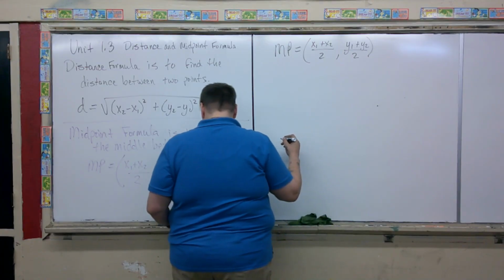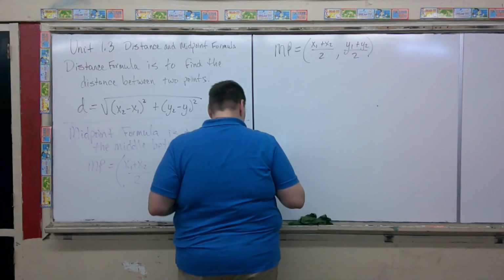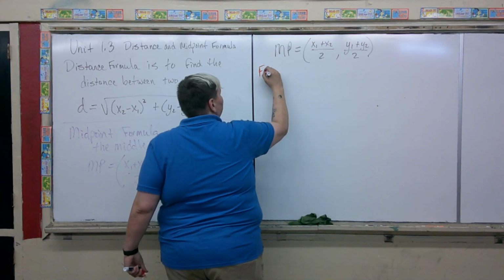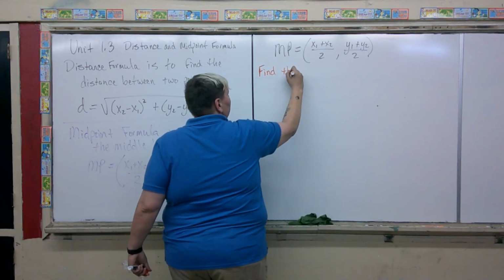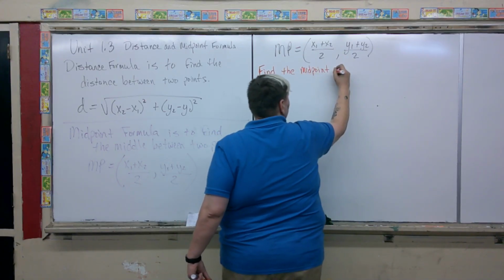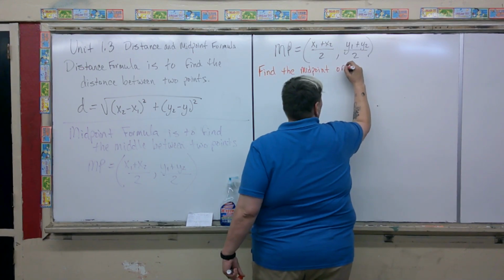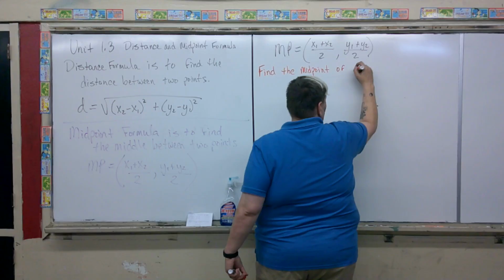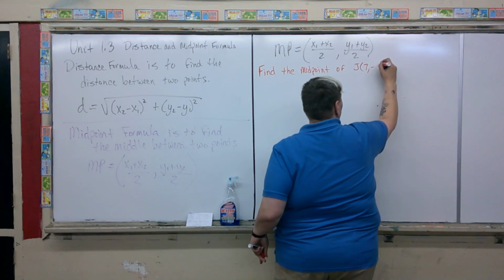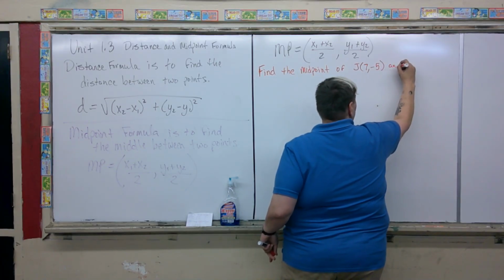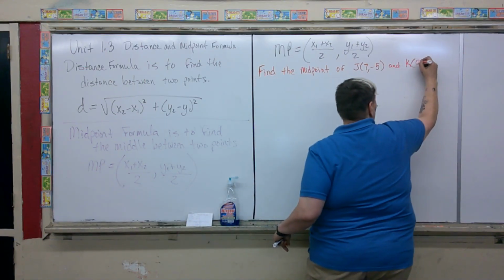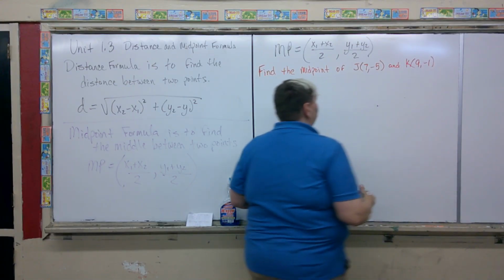All right, and the points we're working with on this one, it might say something like, find the midpoint of, let's call it J, and J is 7, negative 5, and K, and K is 9, negative 1.